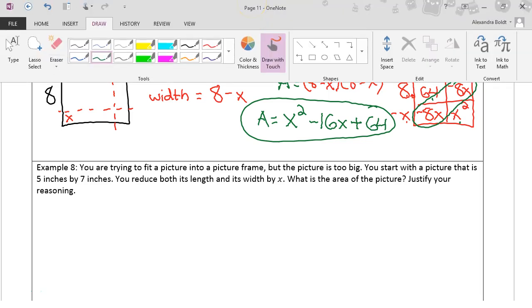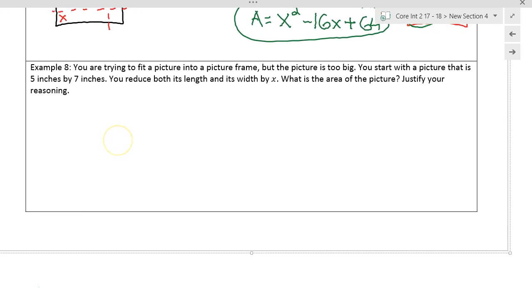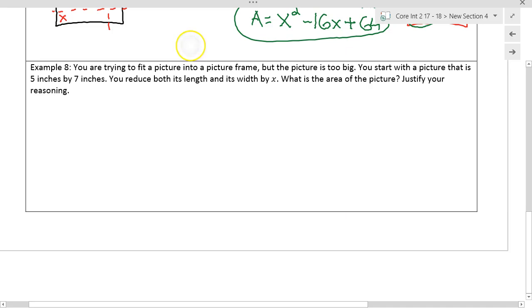Looking at example 8. You are trying to fit a picture into a picture frame, but the picture is too big. You start with a picture that is 5 inches by 7 inches. You reduce both its length and its width by x. What is the area of the picture? Same type of question.